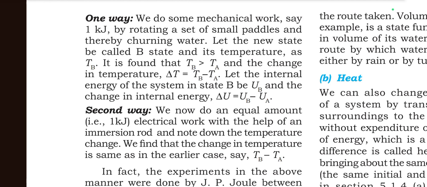Let the new state be B and its temperature TB. It is found that TB is greater than TA, and the change in temperature delta T is equal to TB minus TA. Let the internal energy of the system in state B be UB and the change in internal energy delta U is equal to UB minus UA.